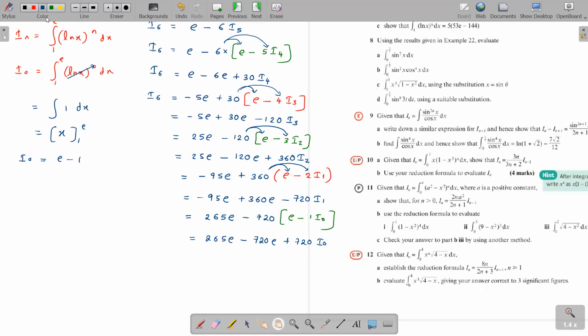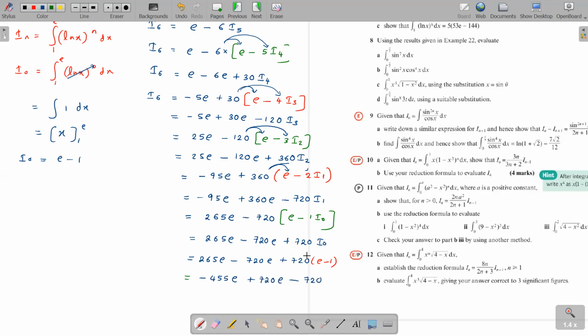Now what do you need to do here? Go and replace the I0 with e minus 1. So 265e minus 720e is minus 455e. Open the bracket here. Plus 720e minus 720.